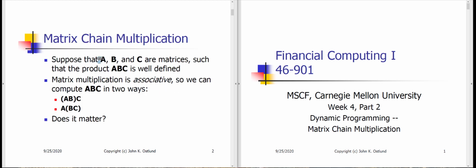So let's suppose that we've got three matrices, A, B, and C, and we need to multiply them to get the product ABC. Now, since matrix multiplication is associative, although not commutative, of course, that is, AB is definitely not equal to BA, except in unusual circumstances, we can do this multiplication of A, B, and C in two different ways.